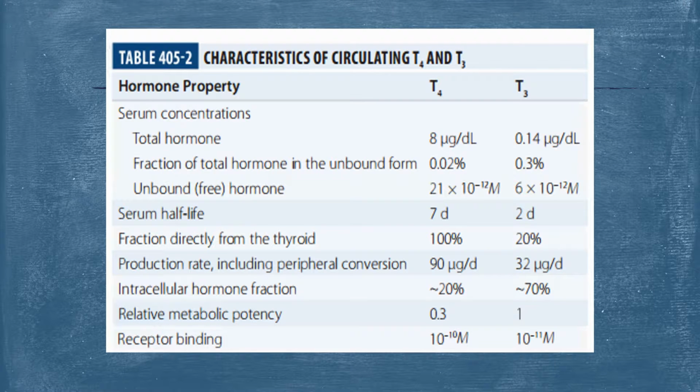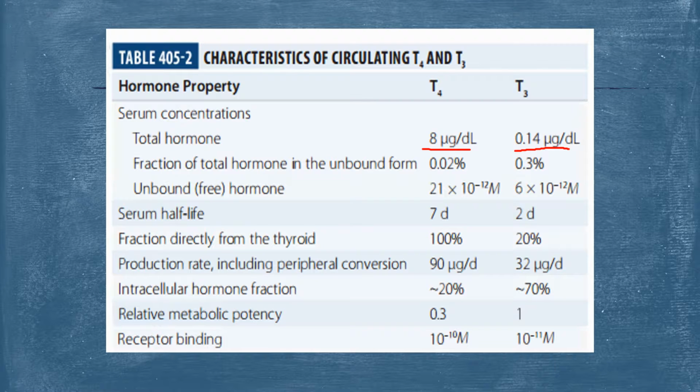Here are the clinical values for T4 and T3. We've talked about that physiologically, but clinically there will sometimes be differences, and this is what we need to remember as clinicians. We can see here that the total hormone is 8 micrograms per deciliter for T4, and for T3 it is 0.14.